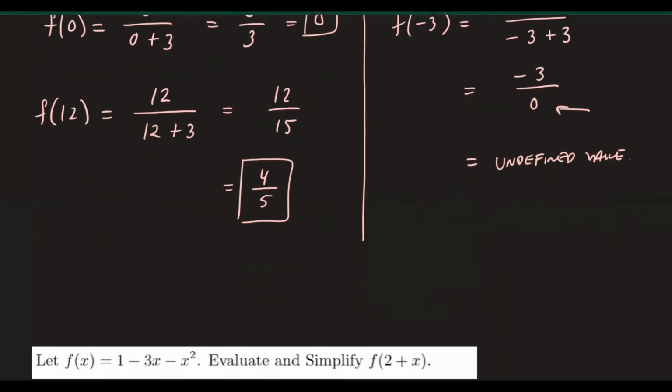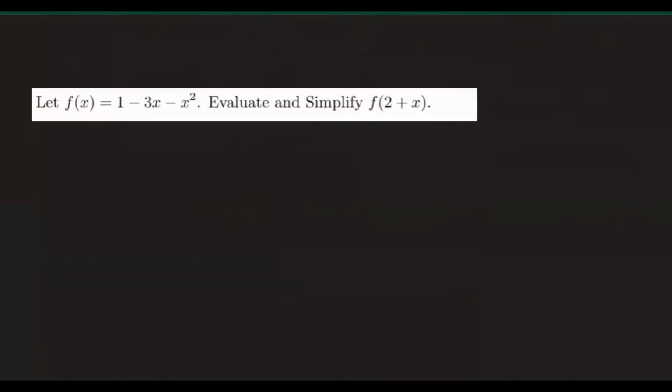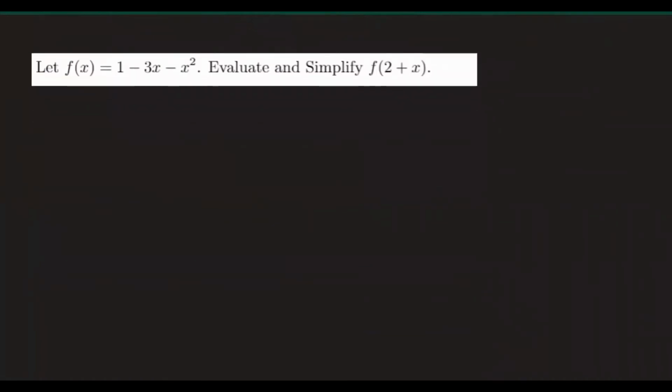Let's continue and do a couple more examples. Now take a look at this one. This one is slightly different from the previous two because now we want to evaluate f of 2 plus x, which means you're not just inserting a number into the function, you're inserting an expression. But the idea is the same. So now think of that as one term.